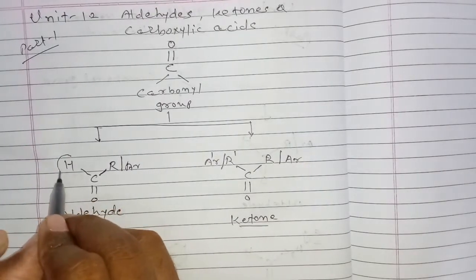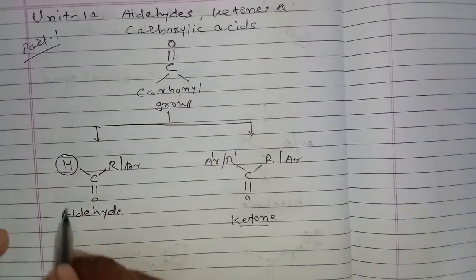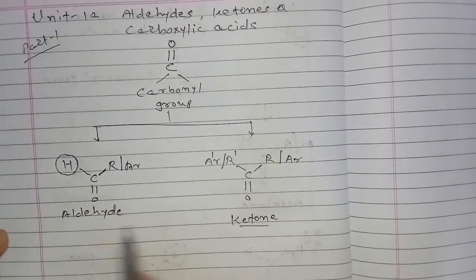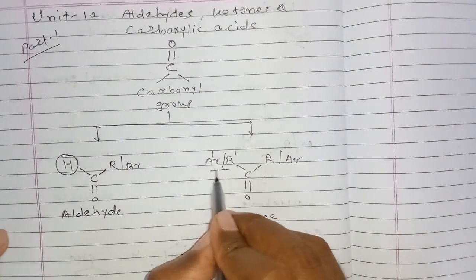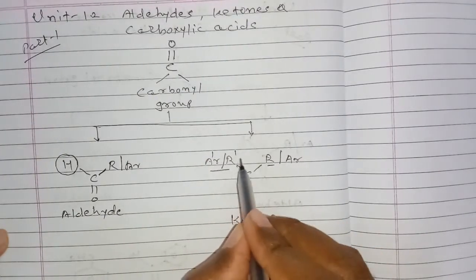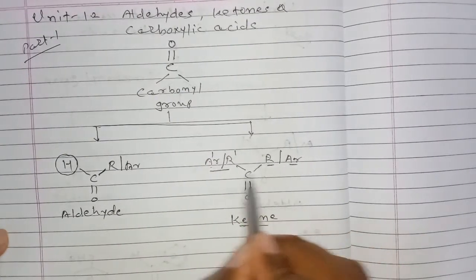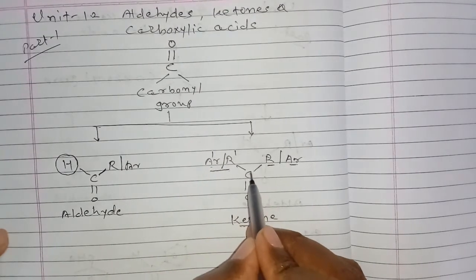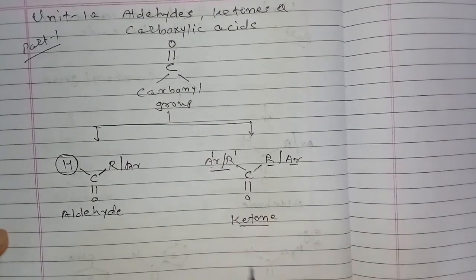In an aldehyde, the hydrogen atom is compulsory. In a ketone, both alkyl or aryl groups are attached to the carbon.